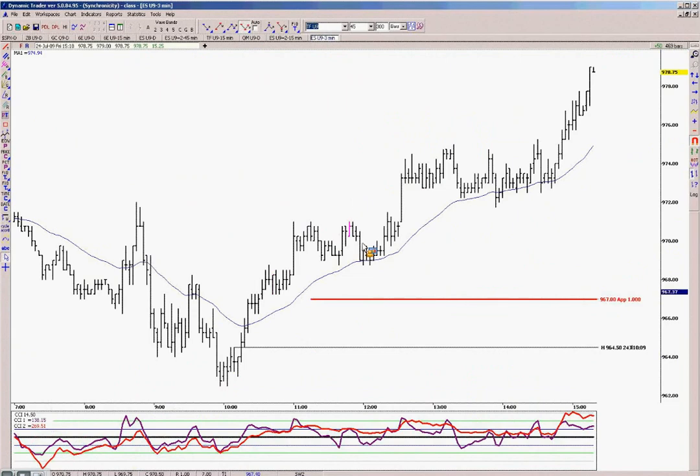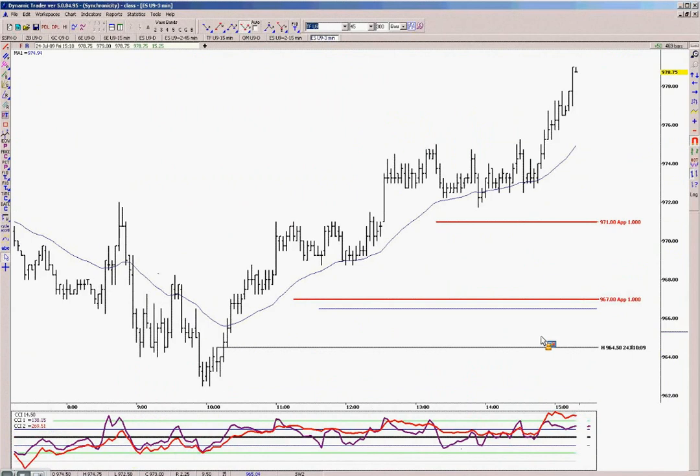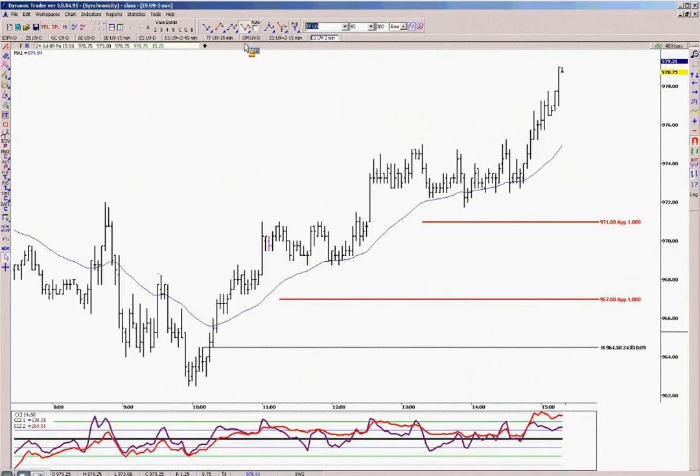So after we make a new high, I'm going to run a new projection. This will help give you an idea of how to trail up a stop. And again, this is typically what I'll do. Actually, I'm using this larger swing down here.